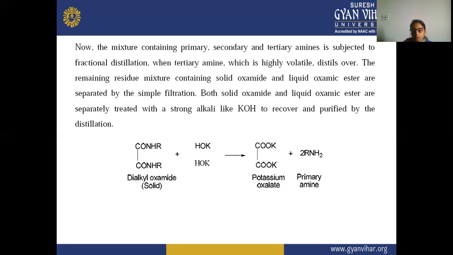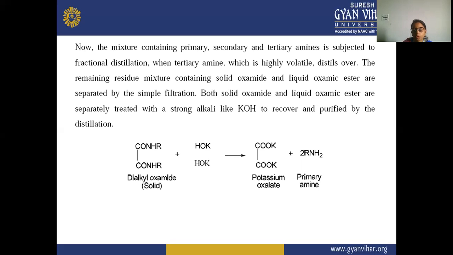And the remaining residue, meaning the secondary and the primary, contains solid oxamate and liquid oxamic ester. So in case of primary, when they react with this diethyl oxalate, they are forming a solid oxamate. And when the secondary amines are reacted with this, they are forming a liquid oxamic ester.